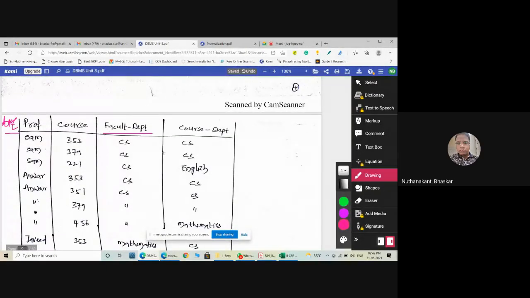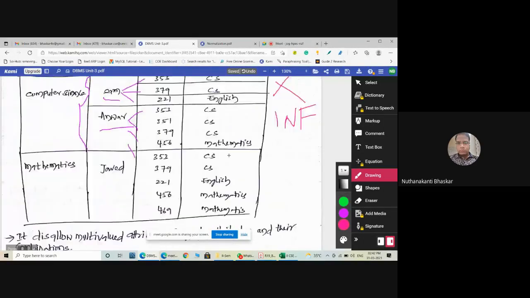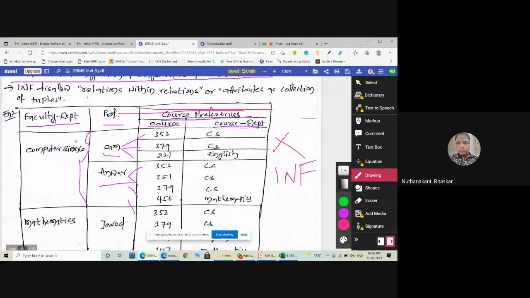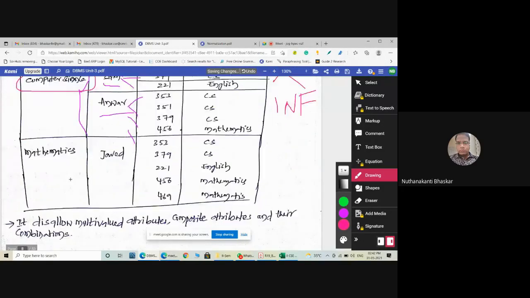Here I have taken faculty department and course department. Anyway, you can take it. Now individually you need to take, and every specific value you need to mention for every tuple.